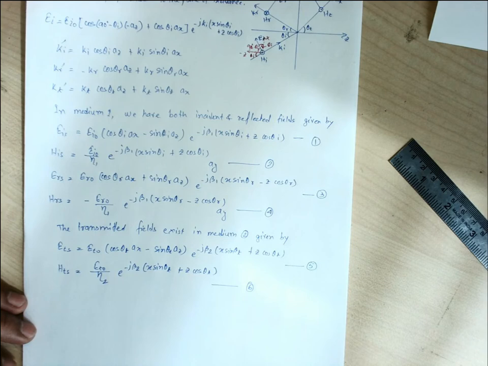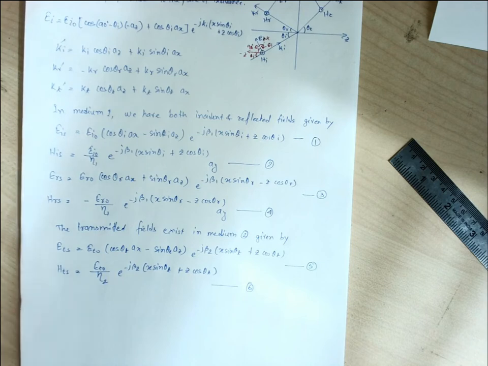So here, for oblique incidence, we have found that the angle of incidence and angle of reflection are the same, right, and the tangential components of both electric field and magnetic field are continuous at the boundary.